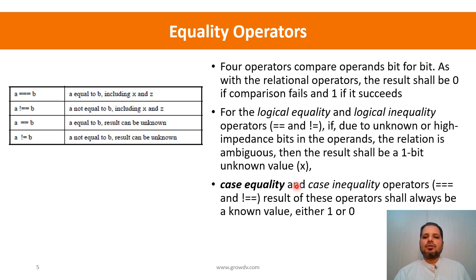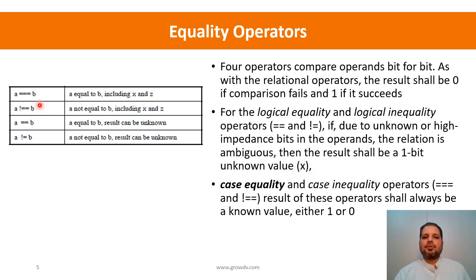The case equality takes into consideration and compares both the values when x and z are present as a part of the values. But if we use a non-case equality when x or z are present, then the result could become an unknown value x, and when you check unknown value x in an if, it will always appear as false.